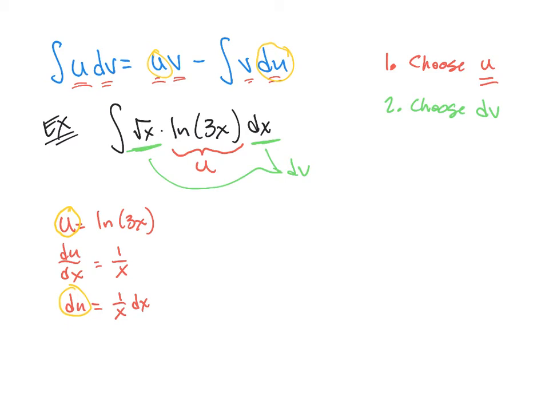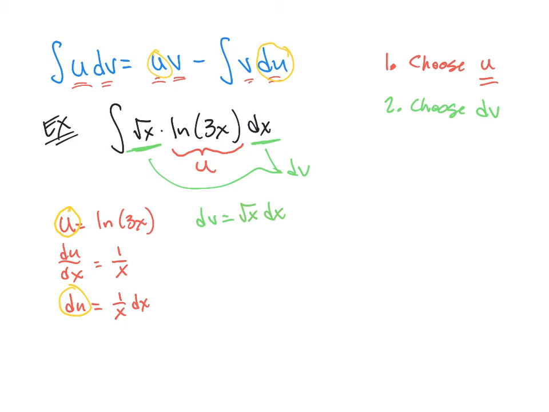Now, since we chose natural log of 3x for our u, everything else in the expression is dv. So the square root of x dx, that's my dv. This is already a derivative, so we're going to work backwards and do the antiderivative to figure out what v is.